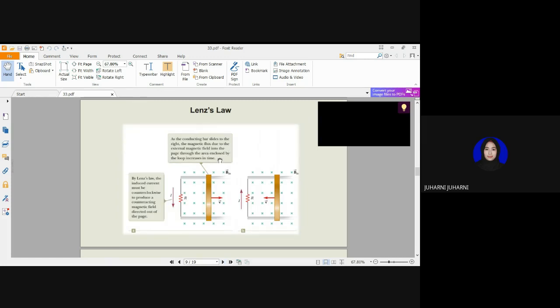Here we can see that by Lenz's law, the induced current must be counterclockwise to produce a counteracting magnetic field directed out of the page. As the conductor bar slides to the right, the magnetic flux due to the external magnetic field into the page through the area enclosed by the loop increases in time.